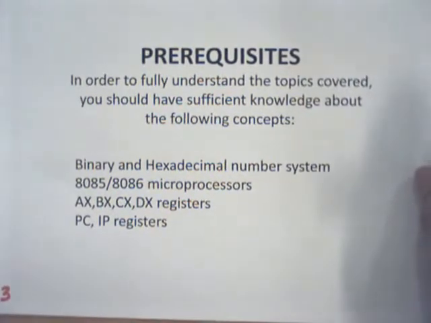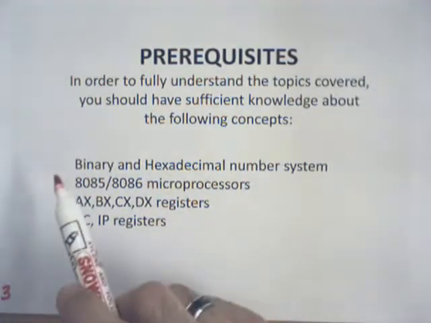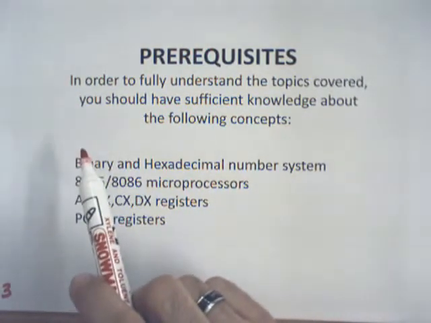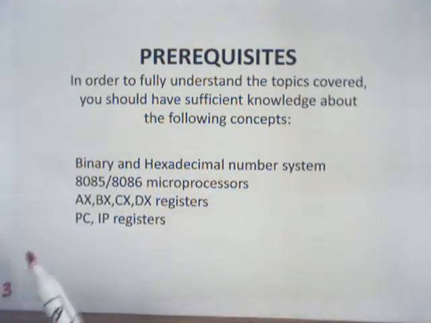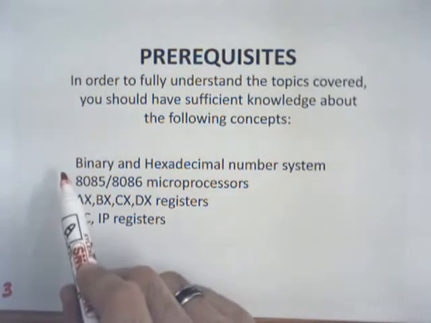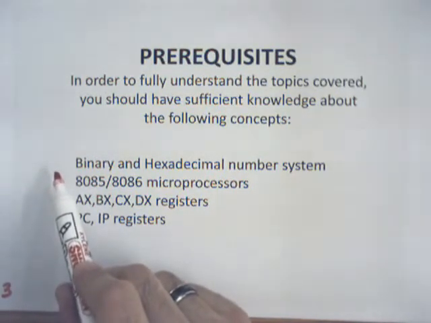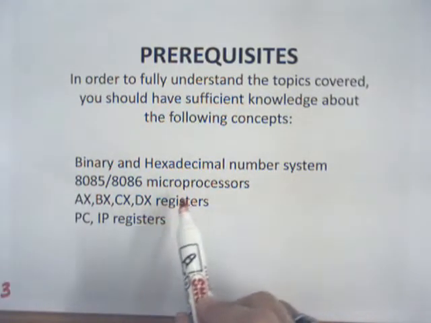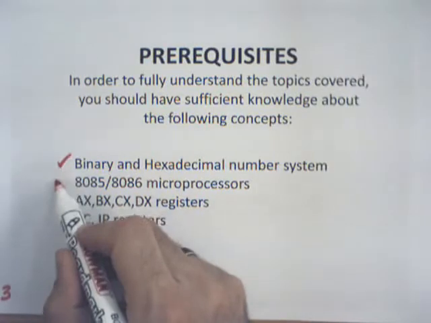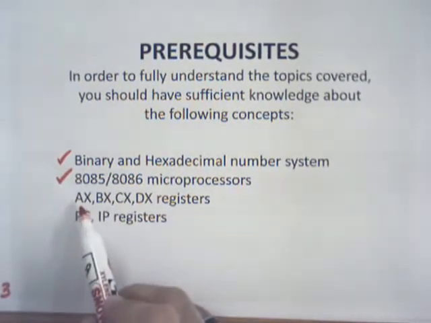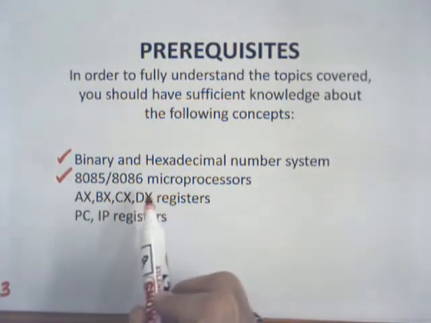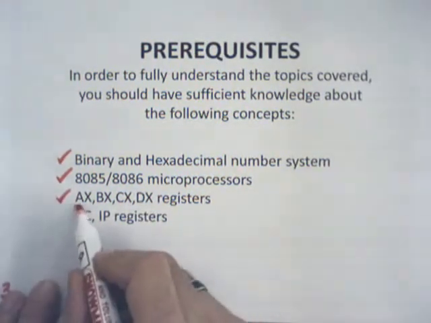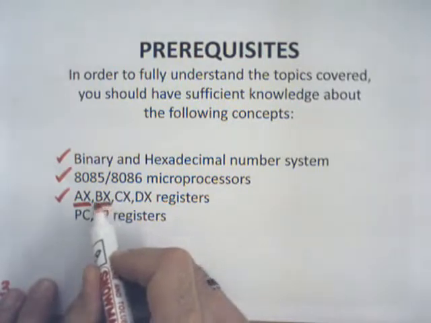Before proceeding, in order to fully understand the topics covered, you should have sufficient knowledge about the following concepts. The most important one is the binary and hexadecimal number system, 8085 and 8086 microprocessors in general, and specific registers in these microprocessors, namely AX, mostly AX and BX.